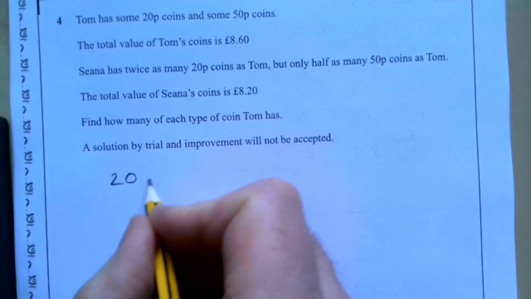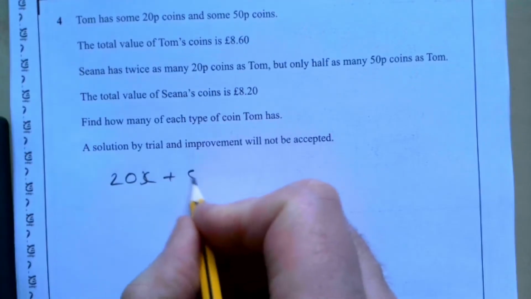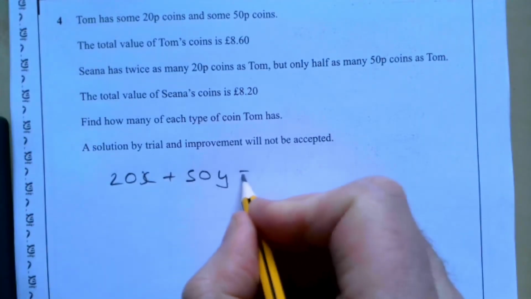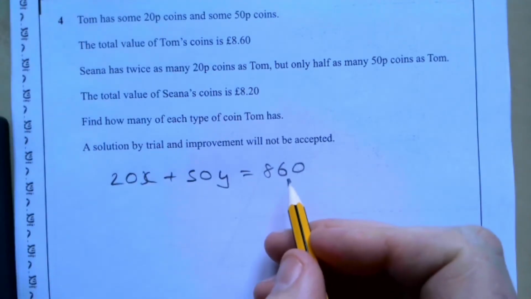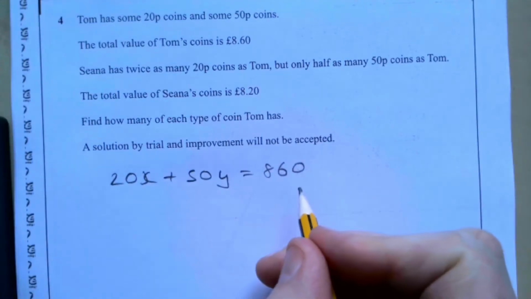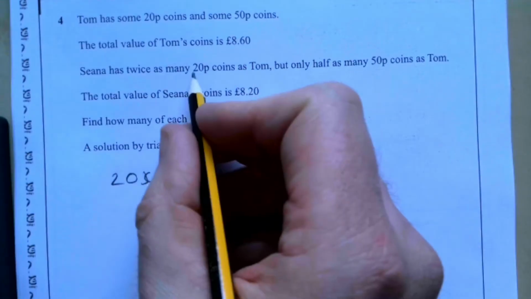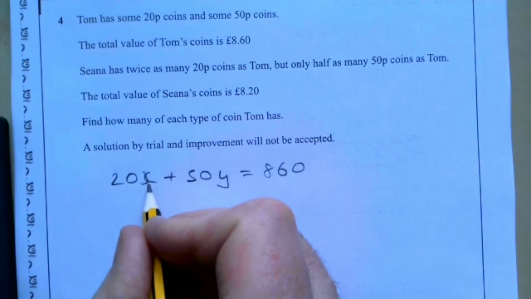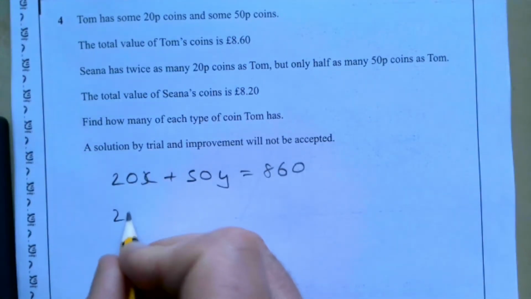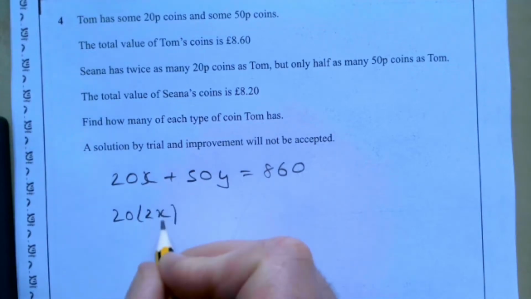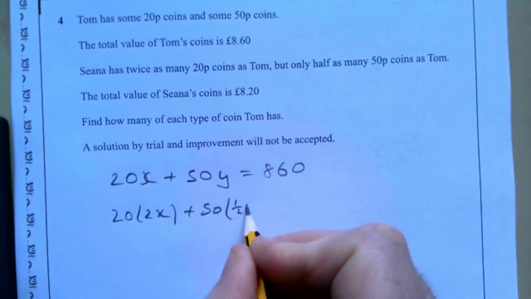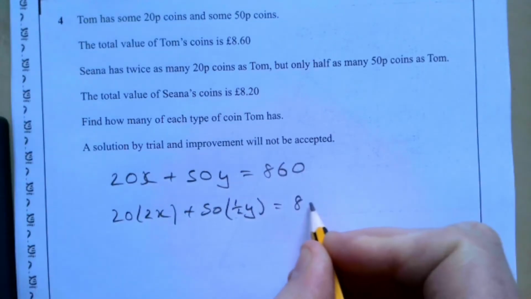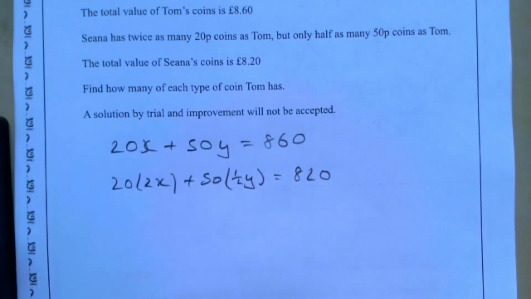So we're going to go 20x plus 50y is 860. I like keeping it in pence rather than 8.6, because I don't like working with the decimals, so I'm just changing it into pence. Then Shauna has twice as many 20p coins, so if Tom has x of them, she has 20 times 2x, plus 50 times half as many, so a half y, and hers comes to 820.